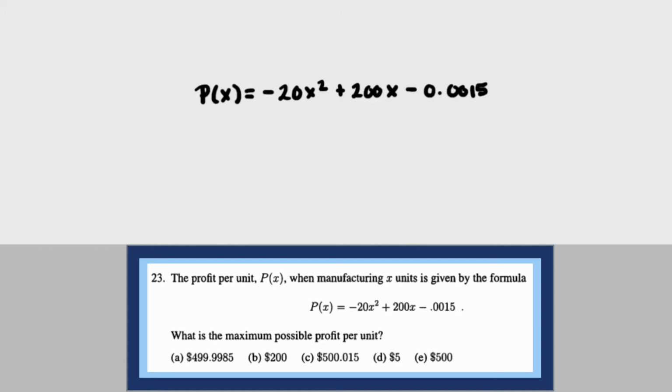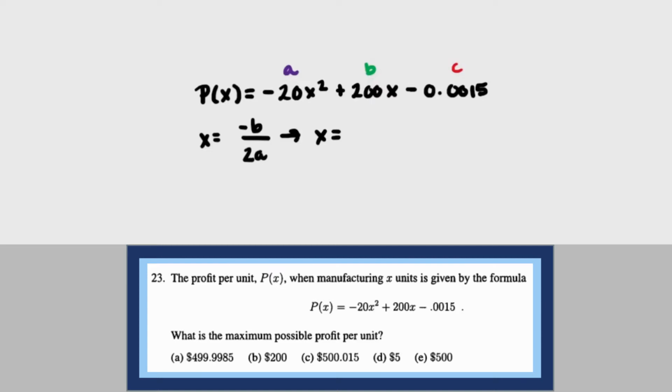For our vertex formula, remember, in order to find the x value of the vertex, it's going to be x equals negative b over 2a. So what we're first going to do is find x. Remember, this represents our a, the middle coefficient represents the b, and technically this represents c, but we're not using c in this case.